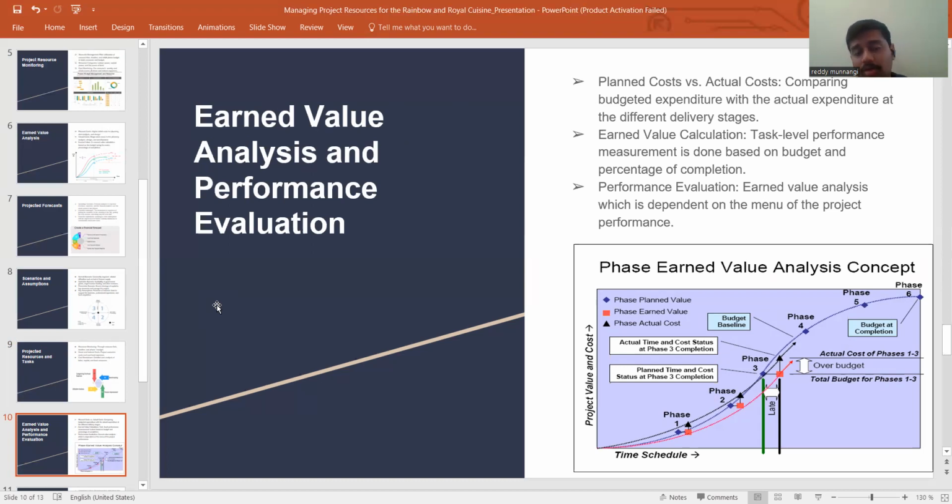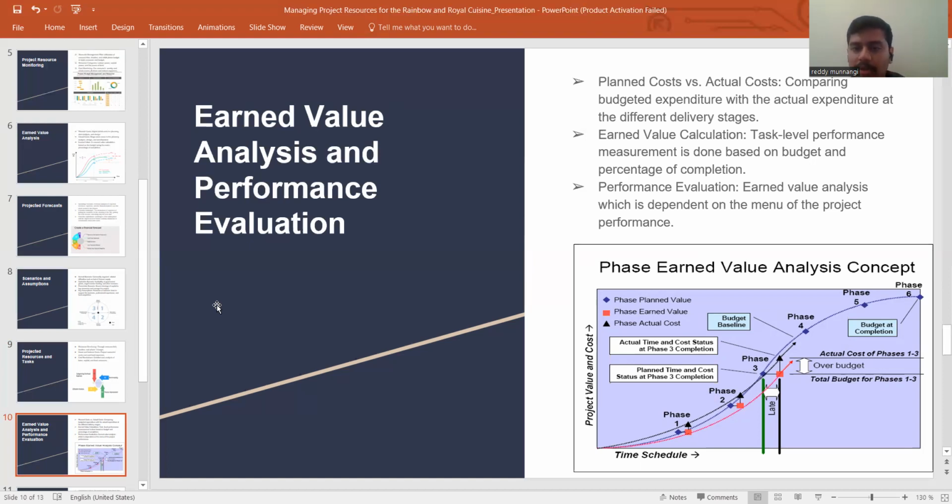As we discussed earned value before, here we can see the performance value, planned cost versus actual cost, comparing budgeted expenditure with the actual expenditure at the different delivery stages in the graph. As you can see, earned value calculations like task-level performance are done based on the budget and percentage of completion.